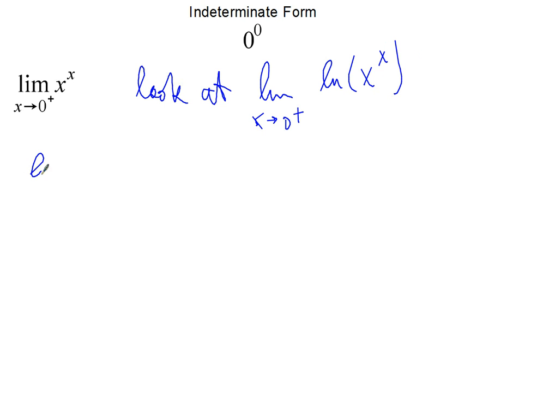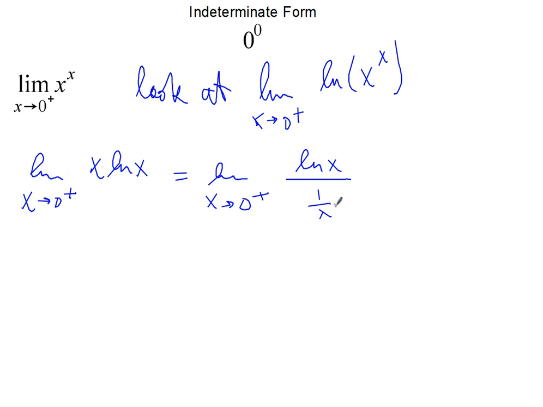So we've now got the limit as x approaches 0 from the right of x ln x, which once again, as x approaches 0 from the right, ln x is negative infinity, and the x is just 0, so this is 0 times infinity, which means that we will rewrite this as the limit as x approaches 0 from the right of ln x over 1/x.